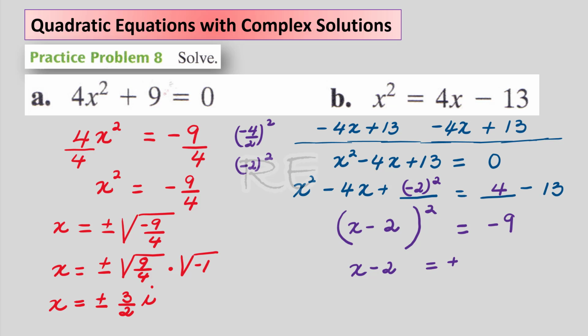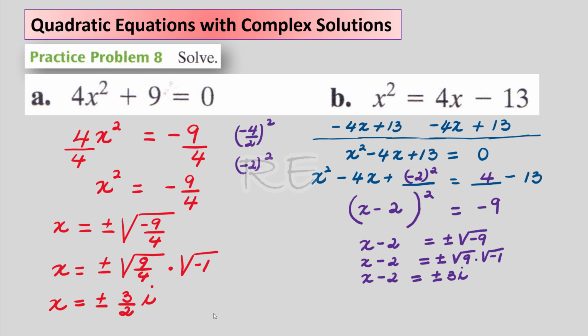When we take the square root of both sides, x minus 2 is equal to plus or minus the square root of -9, which is plus or minus the square root of 9 times the square root of -1. x minus 2 is equal to plus or minus 3i, since the square root of 9 is 3 and the square root of -1 is i.